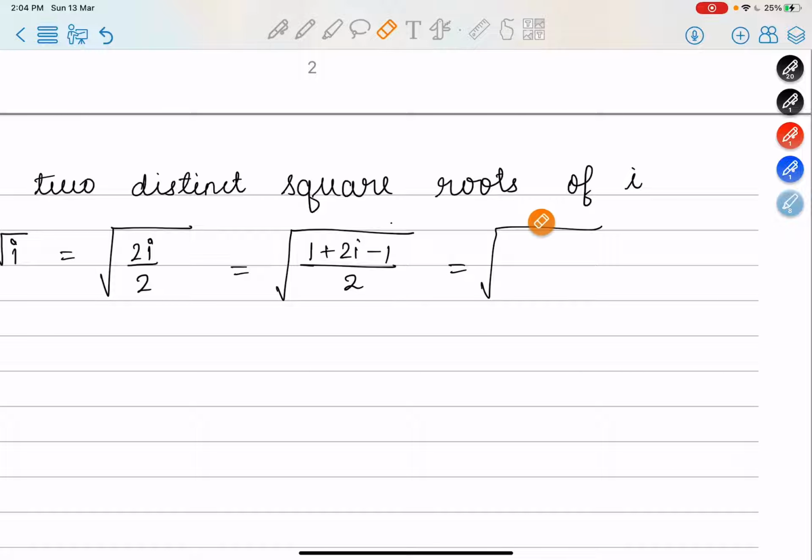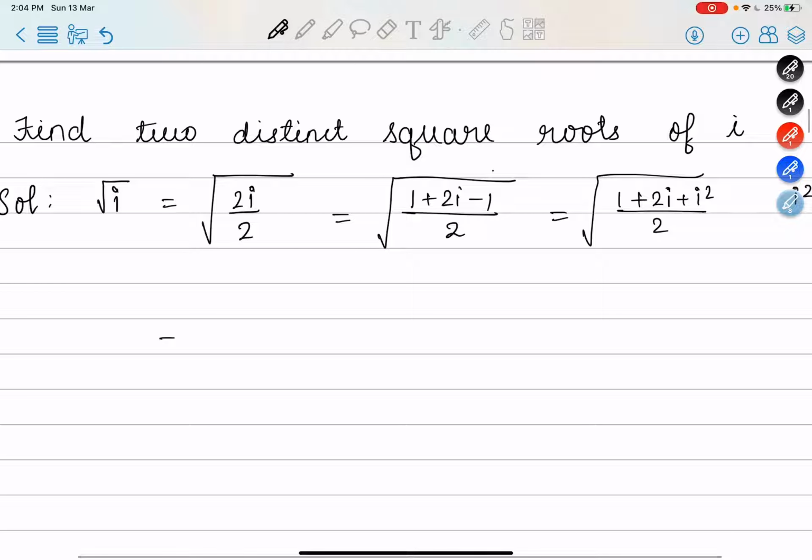Then I can write minus 1 as i square. So this will be 1 plus 2i plus i square, because i square is minus 1, all by 2. Then this is of the form a plus b the whole square.